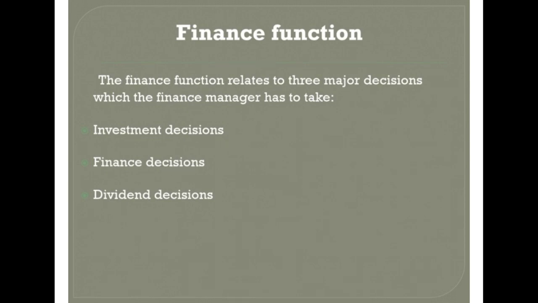Basically it is a financial decision. So finance function and finance decision are one and the same thing. So there are three types of decision: first is your investment decision, second is your finance decision, third is your dividend decision.